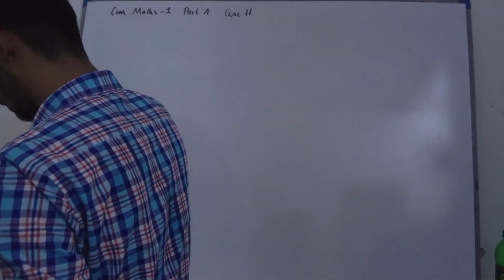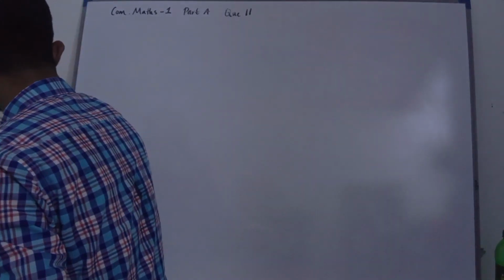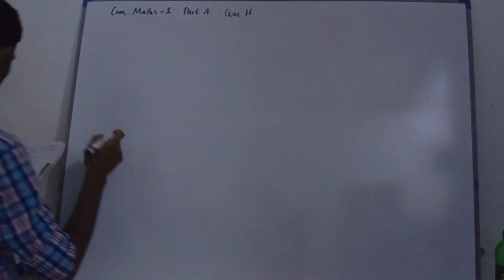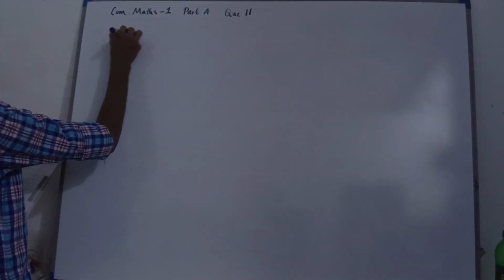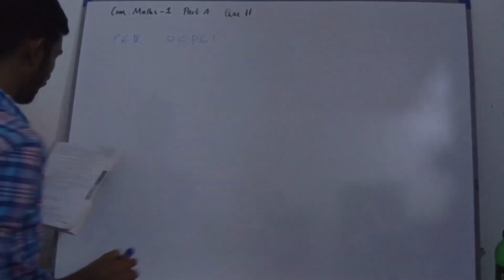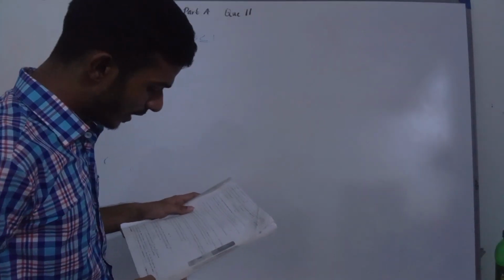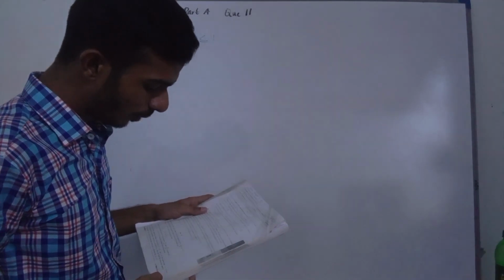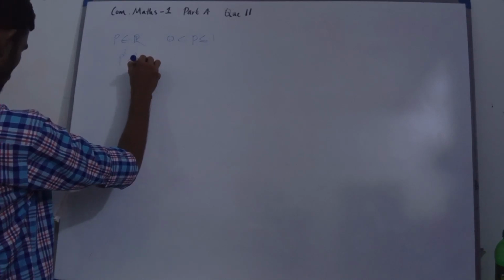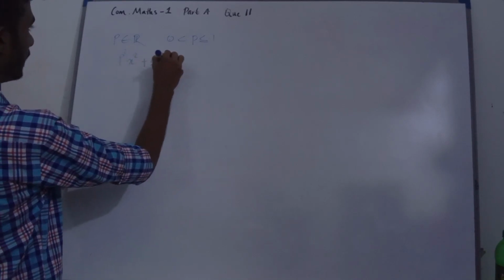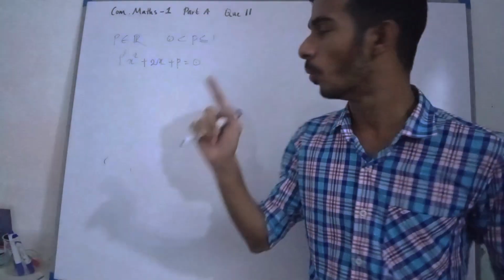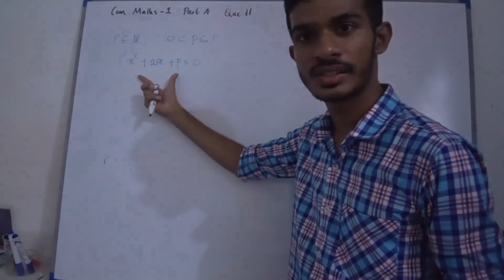So they have given two conditions about p: p belongs to the real numbers and 0 < p ≤ 1. We have to show that 1 is not a root of this equation.